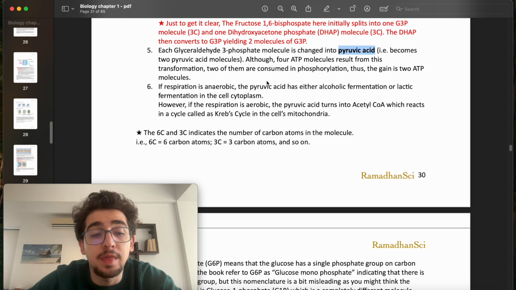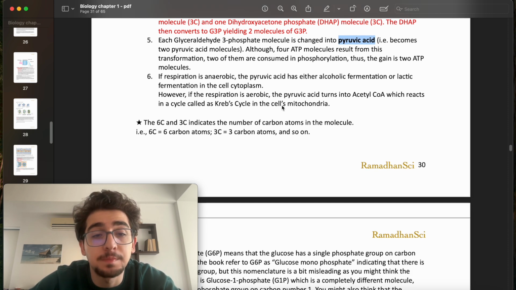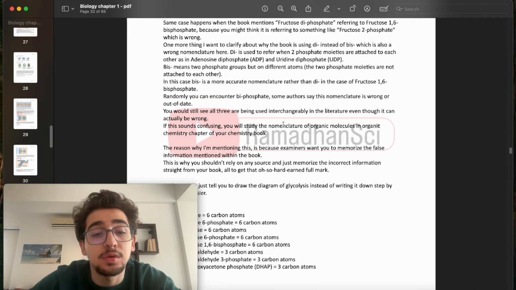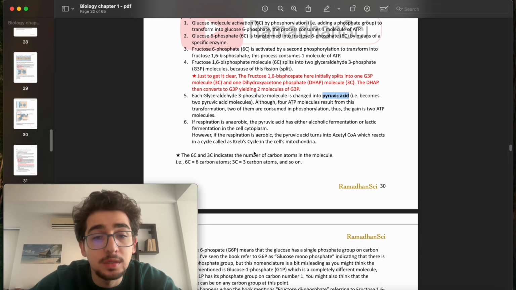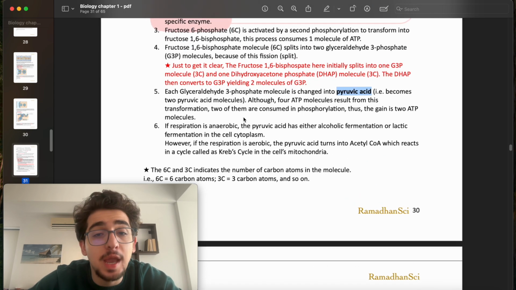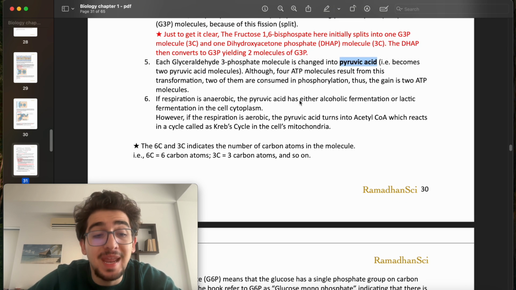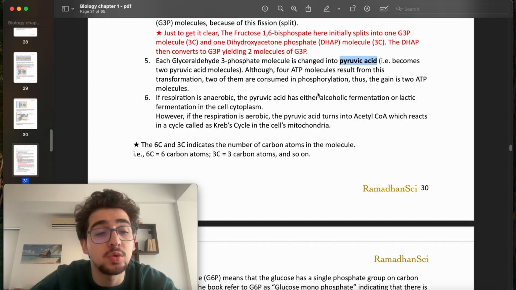But you have to understand that the net ATP produced from glycolysis is only 2 ATP, because 2 are consumed in phosphorylation. So if they ask you about the net ATP produced from glycolysis, it's 2 ATP, only 2.